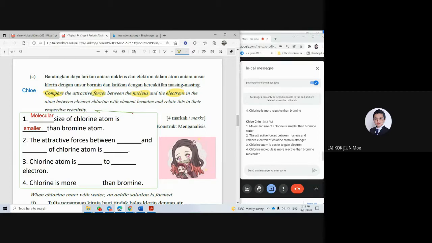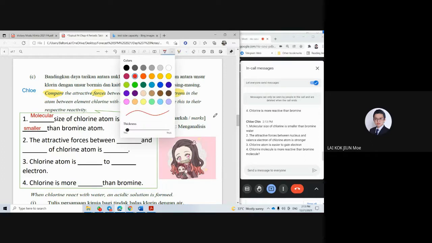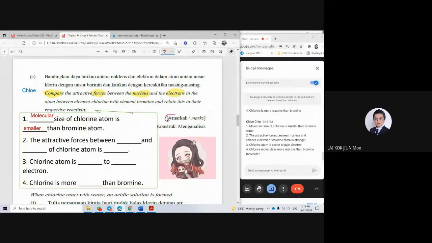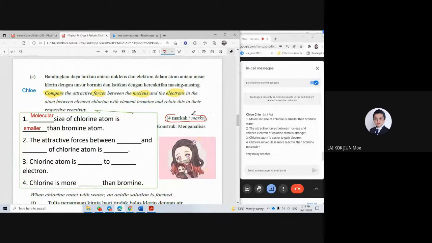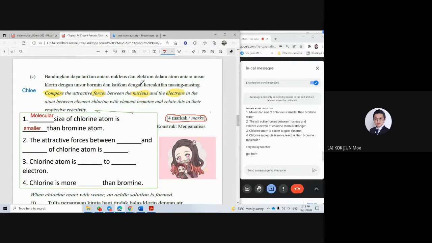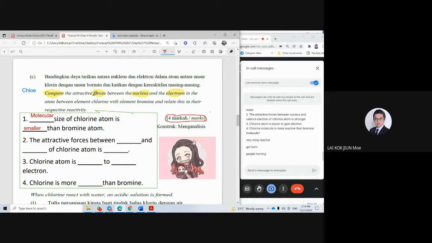So the marks here, Chloe can open mic, Chloe. Now I'm trying to ask you how you know how to give this answer. Very noisy. You are at the cafe outside. Why does your house have so many people honking? Try open and see. Wow, why does your house have horns? Okay. Compare the attractive force.